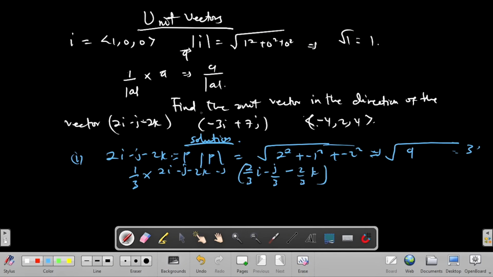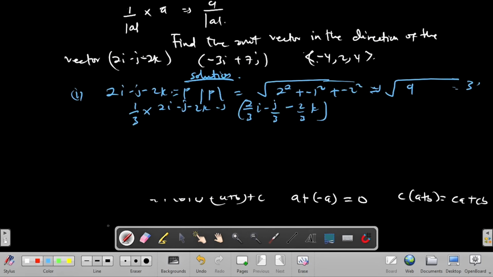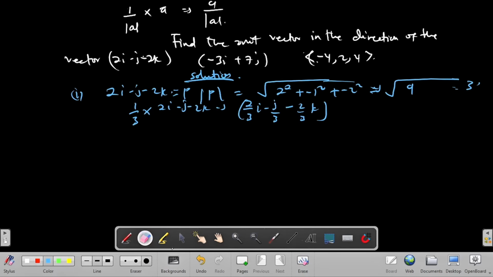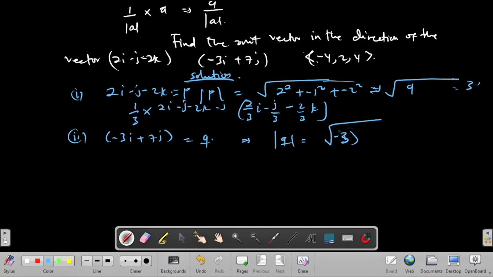You can use the same thing for the second part. My second vector is negative 3i plus 7j. Let's say this is Q. You simply find the length of Q, given as the square root of negative 3 squared plus 7 squared, the square root of 9 plus 49, which is the square root of 58.